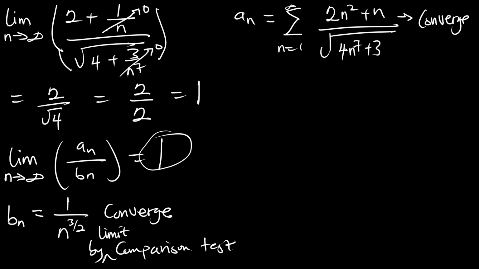Converge. So assuming we had infinity here, that means it is not a positive finite value. We don't know, so we can't say an is going to converge, but if we are getting a positive finite value, then we can conclude that the other series is also behaving the same way as the other is behaving.